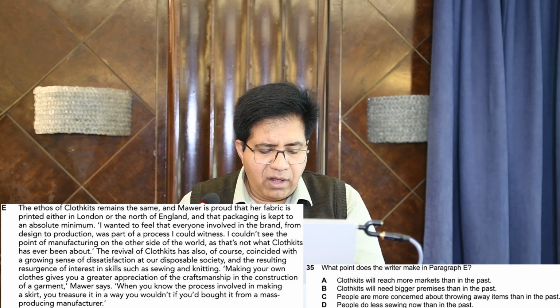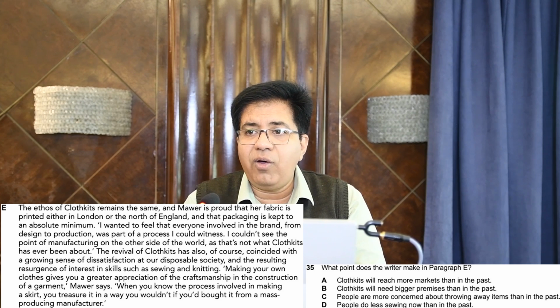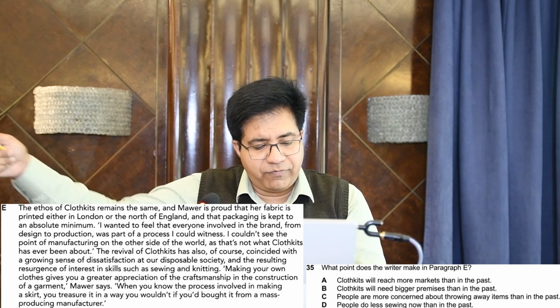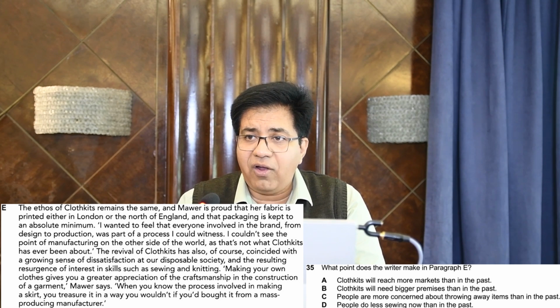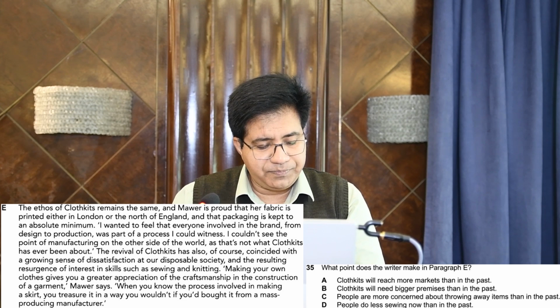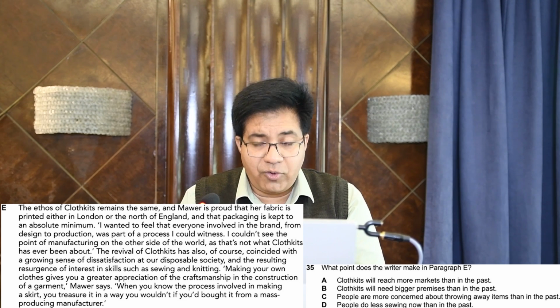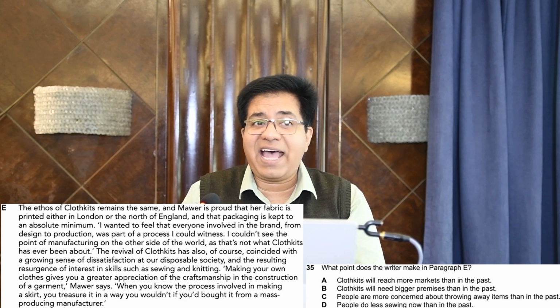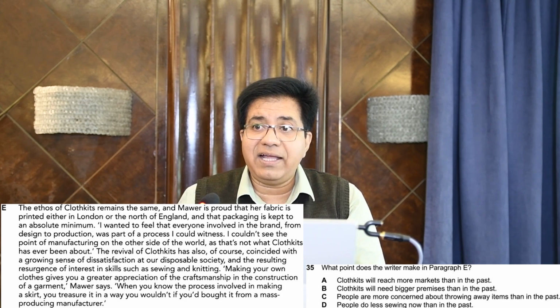Option A, Clothkits will reach more markets than in the past. He said no, we don't have any point to go to the other part of the world. Option B, Clothkits will need bigger premises than in the past. Not at all. They did not mention premises. Option C, people are more concerned about throwing away items than in the past.